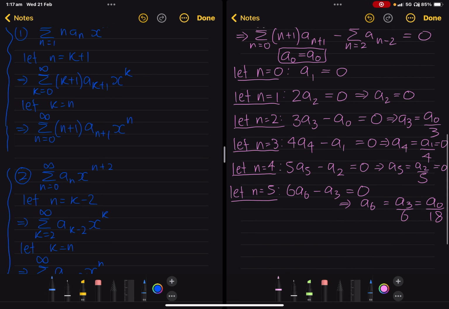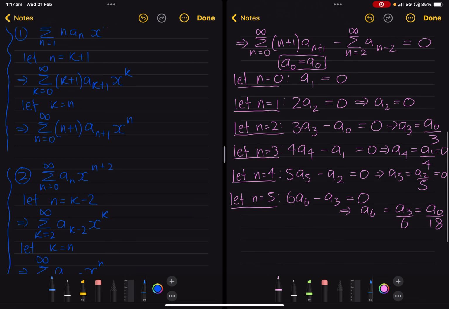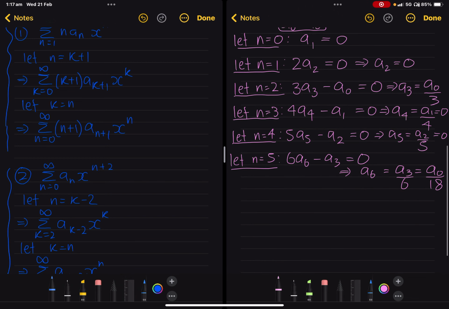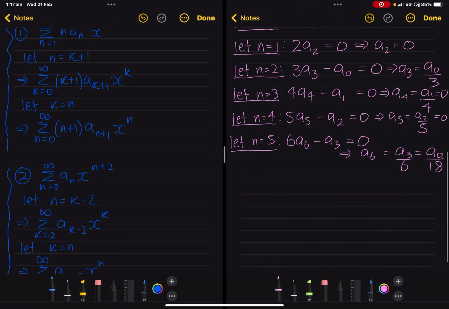So now we're starting to get a sufficient number of terms to actually help us identify what we're after. This one is a little bit tricky to identify, but it can be done.